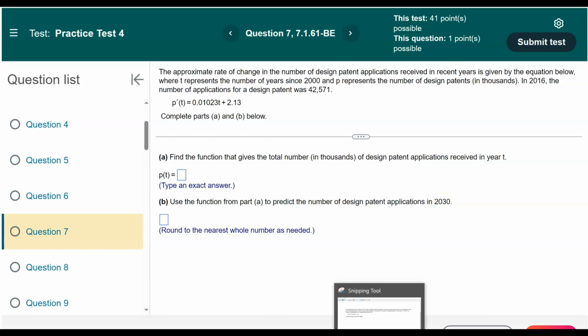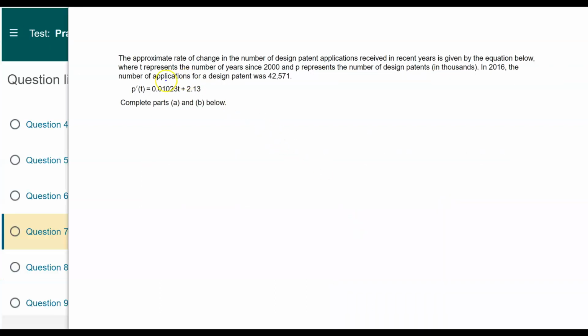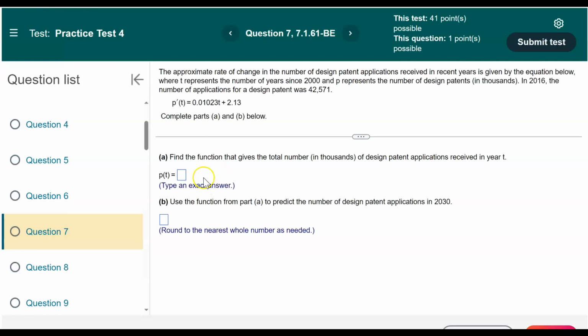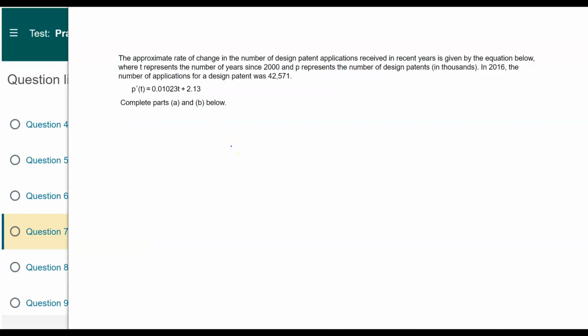To solve this, since we're given the derivative and we want to find the function that gives us the total number of design patent applications, we're going to solve for P of T. P of T can be solved by integrating P prime of T dt.